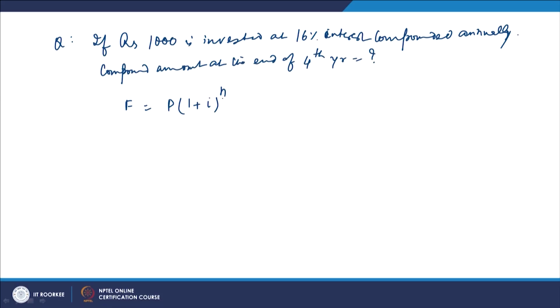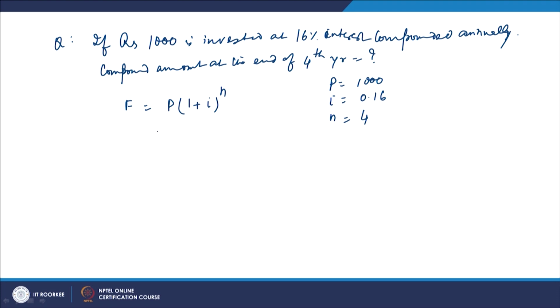In this case you use the formula F equals P into (1 plus i) raised to the power n. Here P is 1000, i is 16% per annum compounded annually, so it is 0.16, and n is 4.